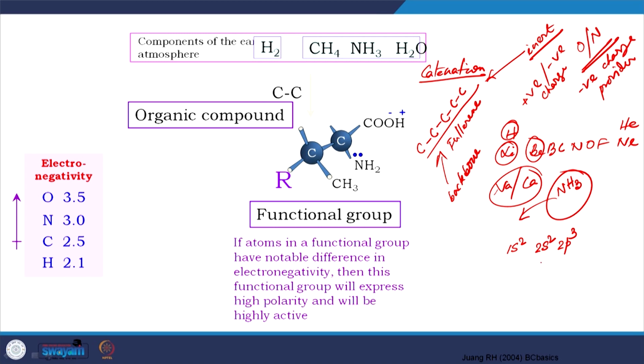So, when it forms sp3 hybridization, it has a lone pair like this. Now, when it forms bonding with hydrogen, it fills up this. So, this is covalent bonding.